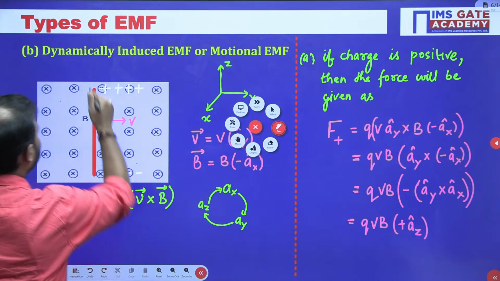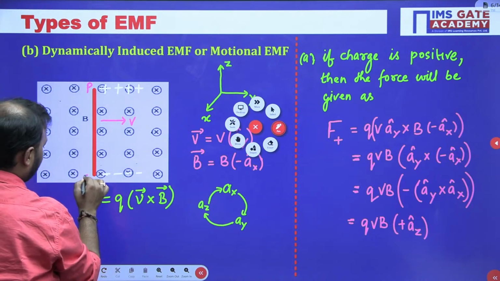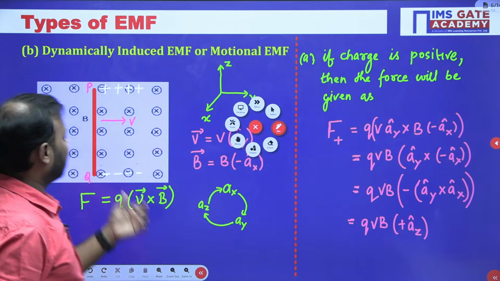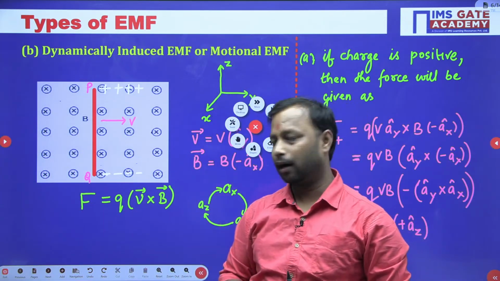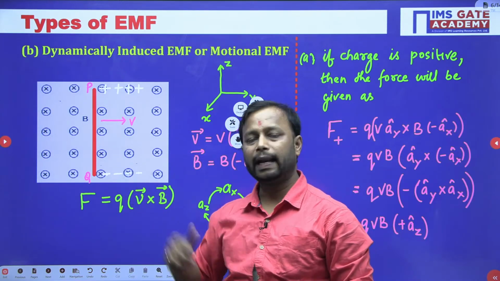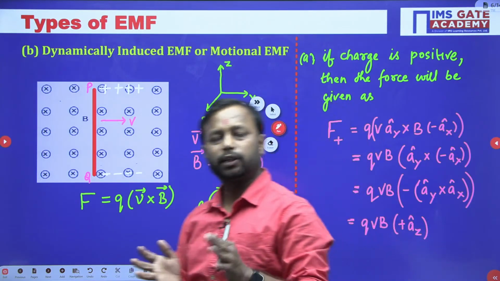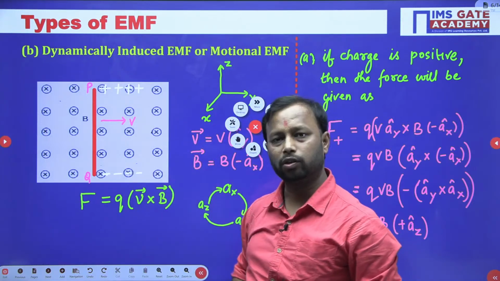Or to be precise, let me take this end as P, this end as Q. It means that at P positive charge is going to accumulate, and at Q, the bottom, negative charge is going to accumulate. So the magnetic field pushes the positive charge upward and the negative charge downward.